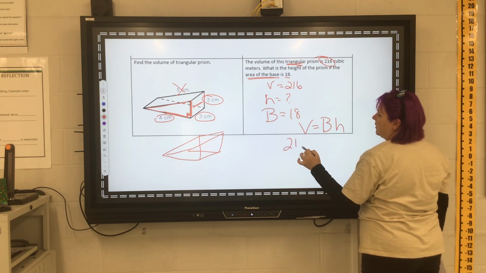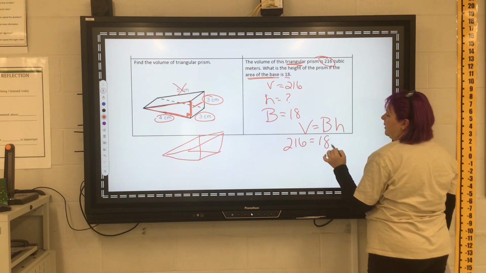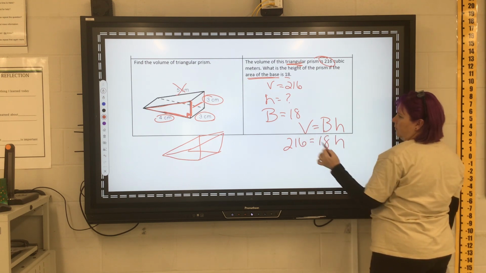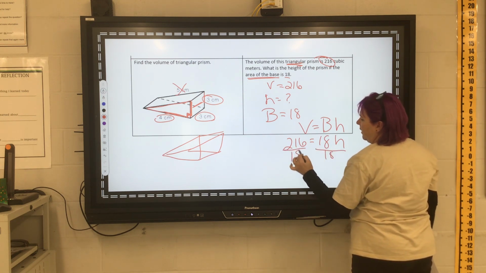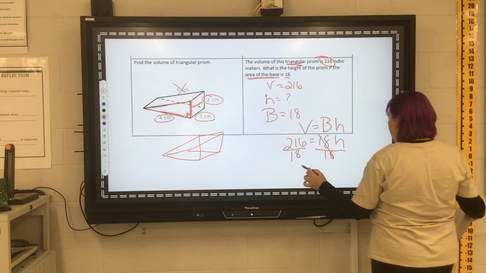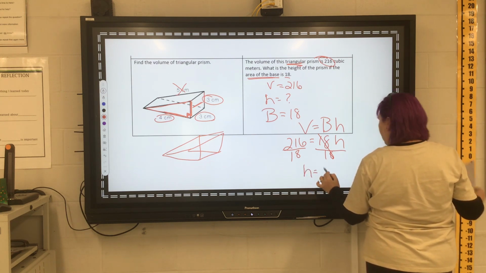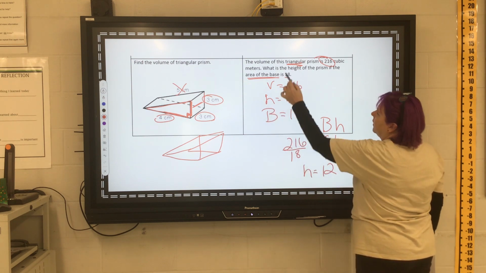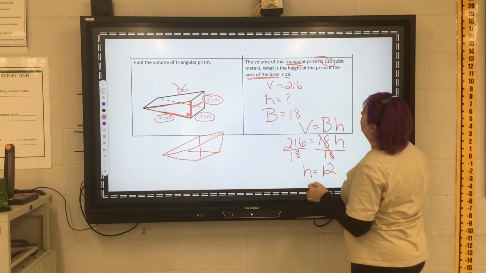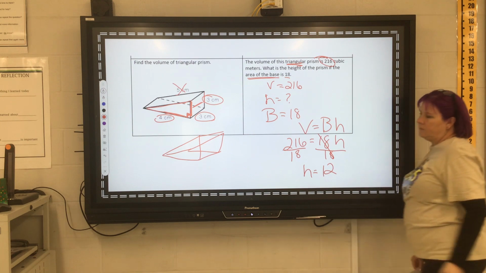So 216 is equal to 18H, plugging in my numbers, divide by 18, because I want H by itself, and I get H equals 12. So what is the height of the prism? The height is 12 meters.